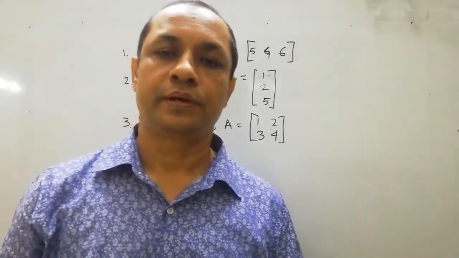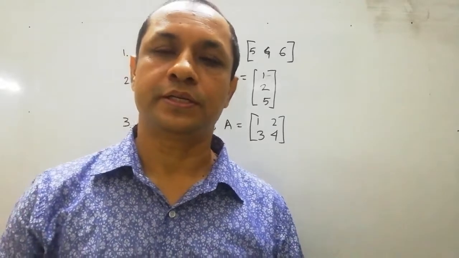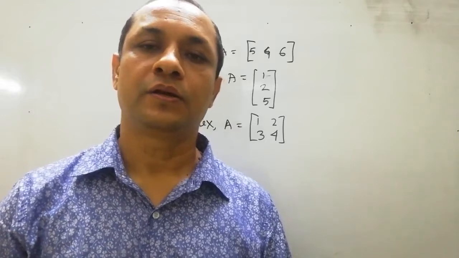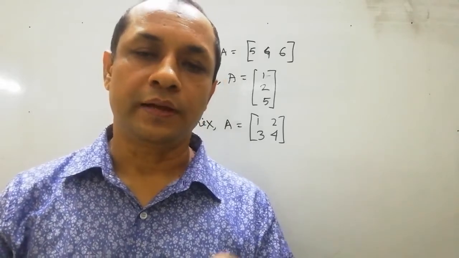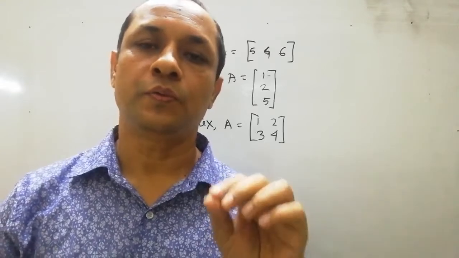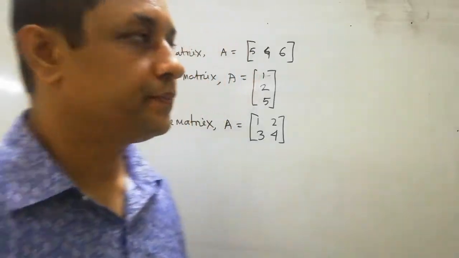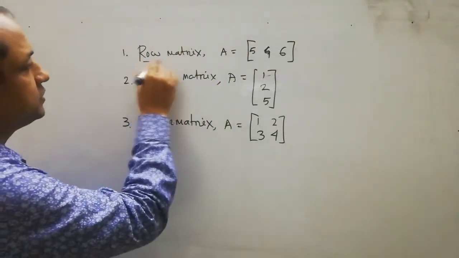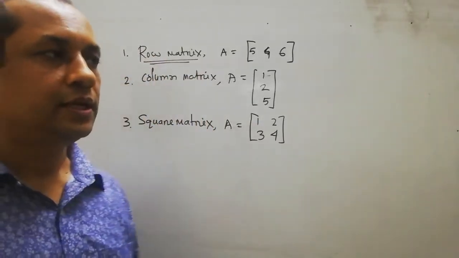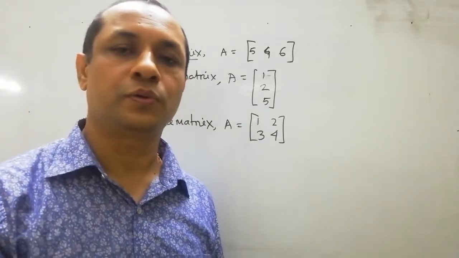Students, what do you mean by row matrix? A row matrix is a matrix which has only one row. A matrix which has only one row is a row matrix.